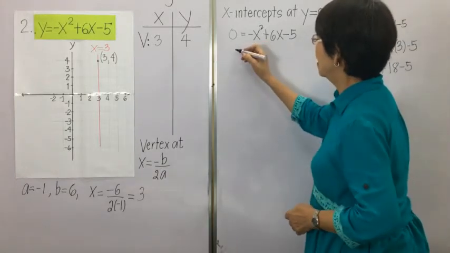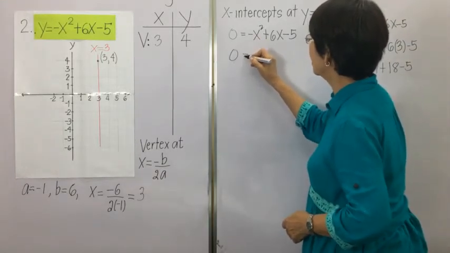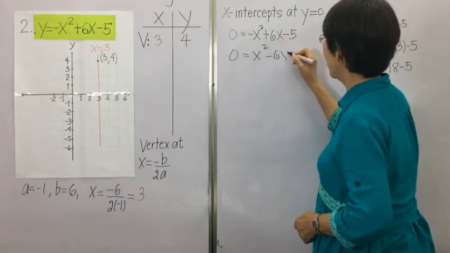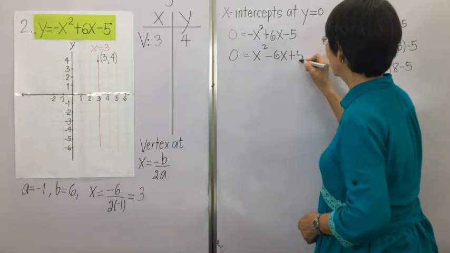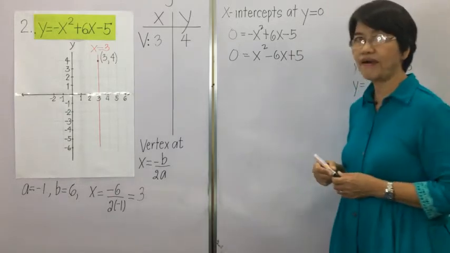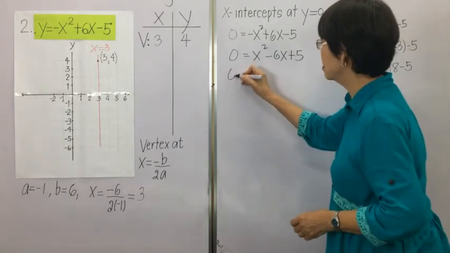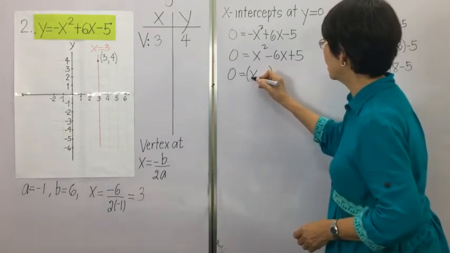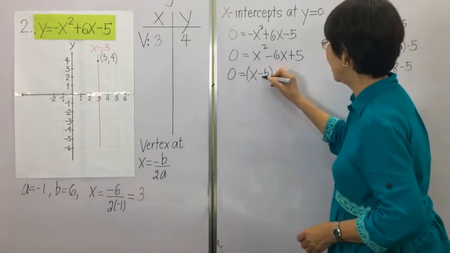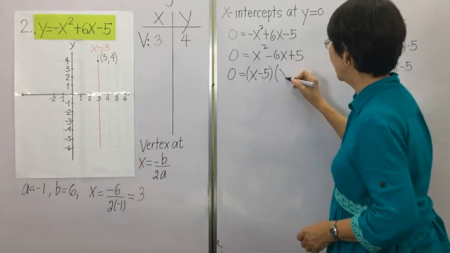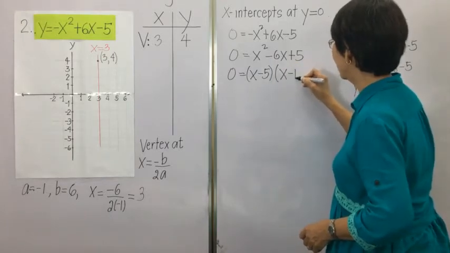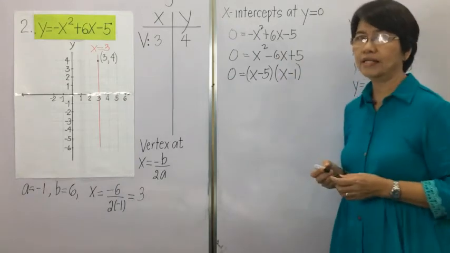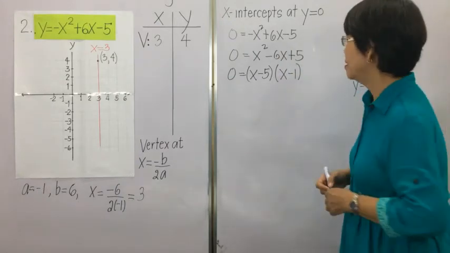So that is 0 is equal to x squared minus 6x plus 5. And this is factorable, so we factor x minus 5 and x minus 1 to get a negative 6 in the middle term.